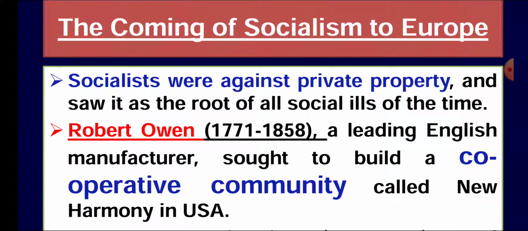Socialist thinkers were against private property. In simple terms, they believed that there has to be government authority over land and property.